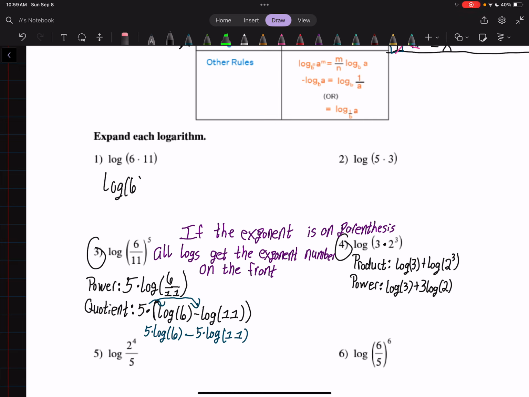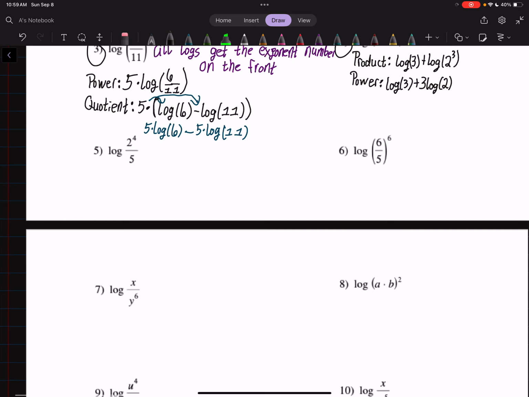Log of 6 plus log of 11. Log of 5 plus log of 3. For log of 2, notice there is no parentheses between the 4 and the log, and whenever I say minus log, there's no 4 on that log.